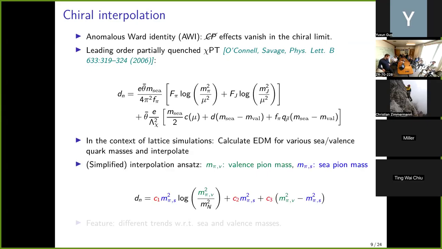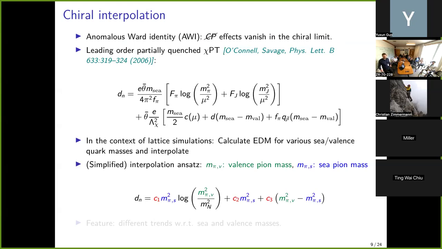However, you see this is a very complex formula which has a lot of terms, and on the lattice usually you only have a few points, so we have to reduce things a bit.